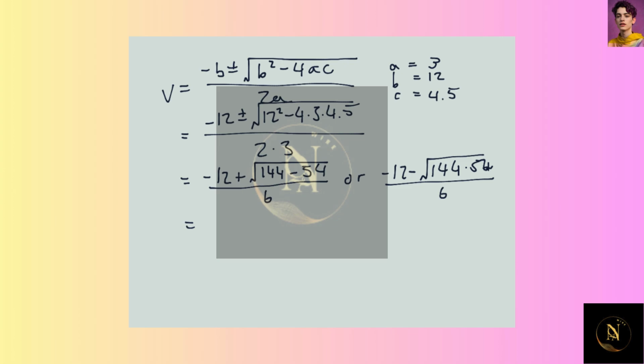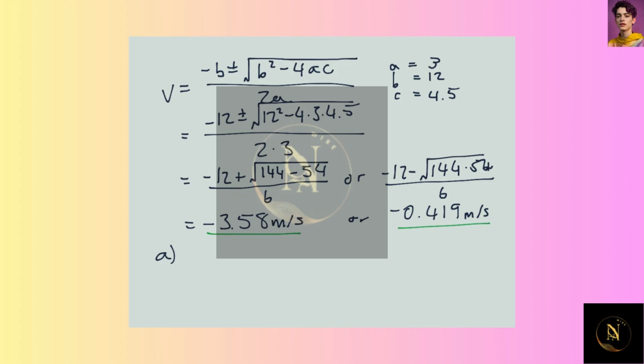So by putting both of these into the calculator, you'll either get V as negative 3.58 meters per second, or it will be negative 0.419 meters per second. So those are your two possible values for V.